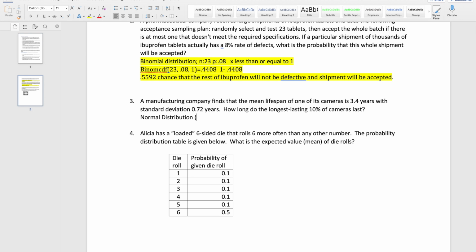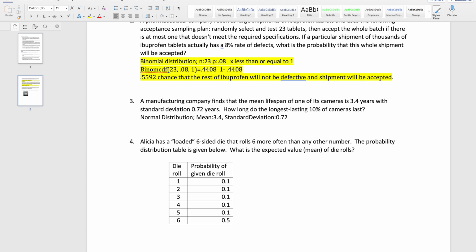And then we are going to see our mean is equal to 3.4. Standard deviation is 0.72.